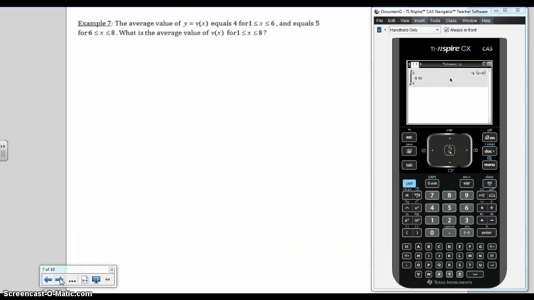Okay, let's look at example 7. The average value of a function equals 4 from 1 to 6 and equals 5 from 6 to 8. What is the average value of the function from 1 to 8? So if you remember, average value is 1 over b minus a times the integral. So it's telling us the average value equals 4 if you go from 1 to 6.